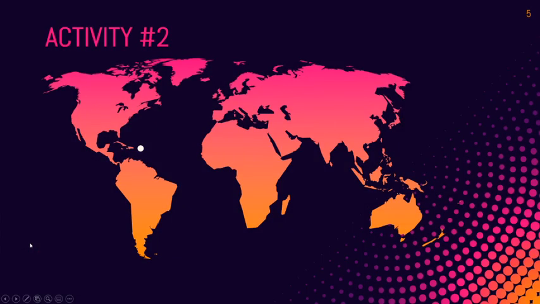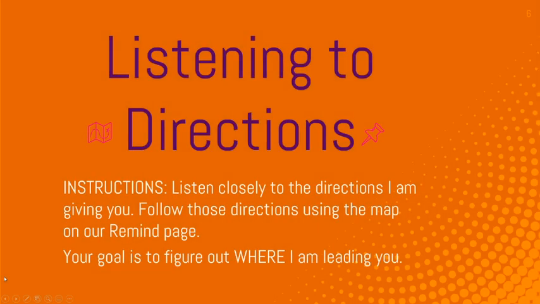Let's move on to activity number 2. Here, we're going to be practicing listening to directions. Here we have a map of the world, and of course I've marked around the area where Puerto Rico is. So here you will need the map that I posted on Remind.